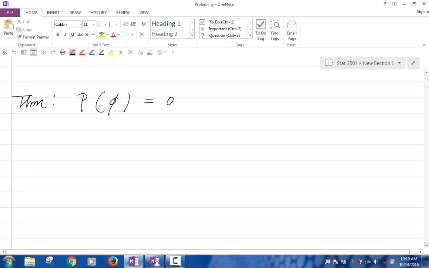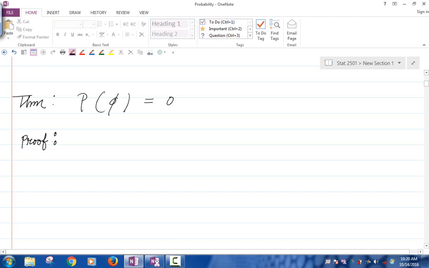So I want to show you that the three assumptions that I have laid out, based on that, we can conclude that the probability of phi must be zero. Okay, so how is that? So let's try to prove this.